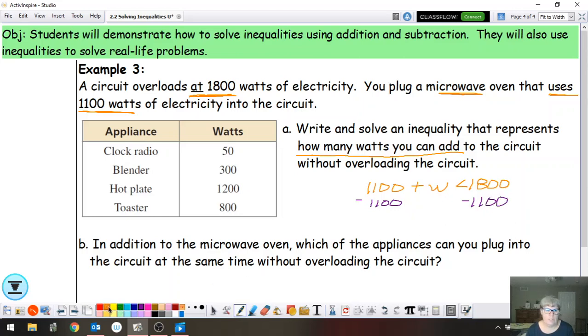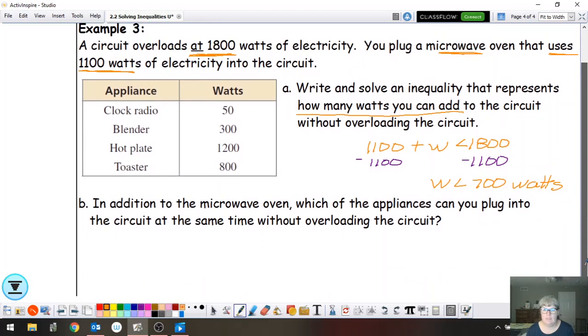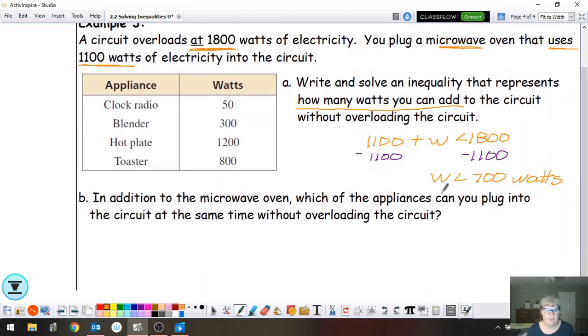So that means we can have less than 700 watts added to the circuit. So if we can have less than 700 watts added to the circuit, in addition to the microwave oven, which of the appliances can you plug into the circuit at the same time without overloading it? So if we look at our list of appliances, which ones would give us less than 700 watts?